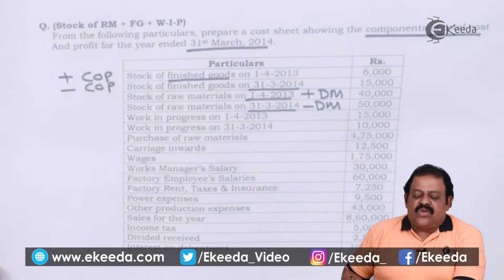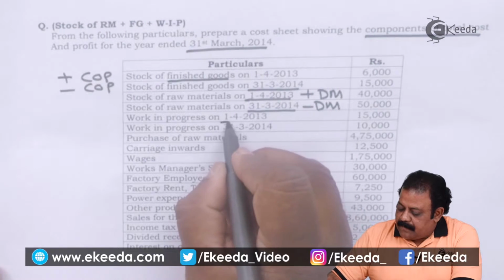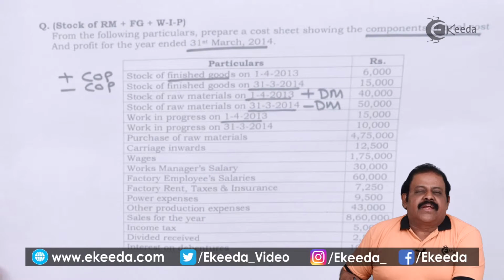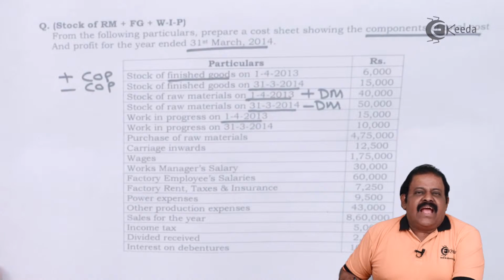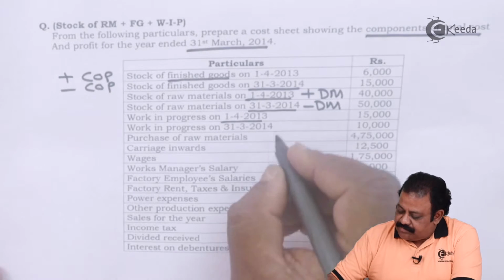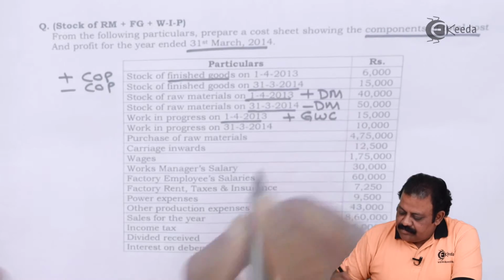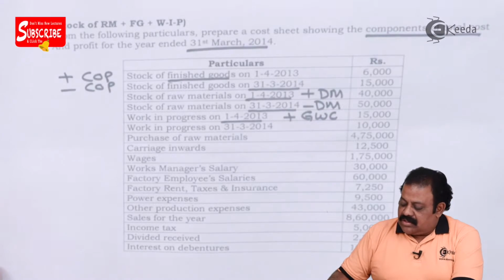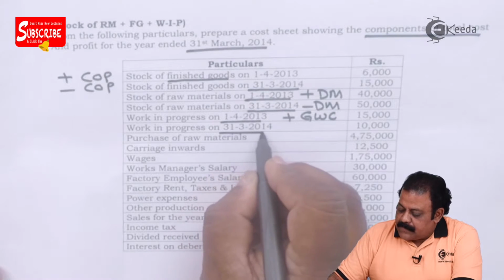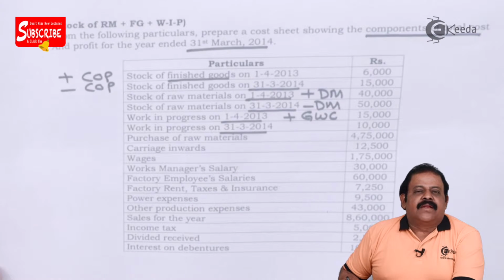Work in progress as on 1st April 2013. This is the opening stock of work in progress. This will be added to gross works cost. Work in progress as on 31st March 2014. This is the closing stock of work in progress.